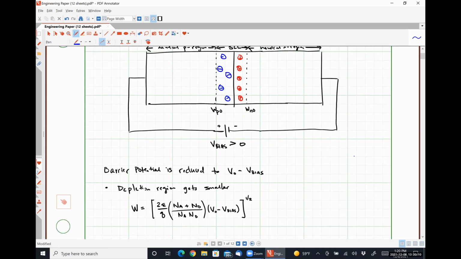So here we have the equation for the width of the depletion region, which depends on V0 minus V bias. So what happens when V bias gets larger than V0? What if we were to bias our PN junction in such a way that we applied a voltage greater than our built-in voltage?